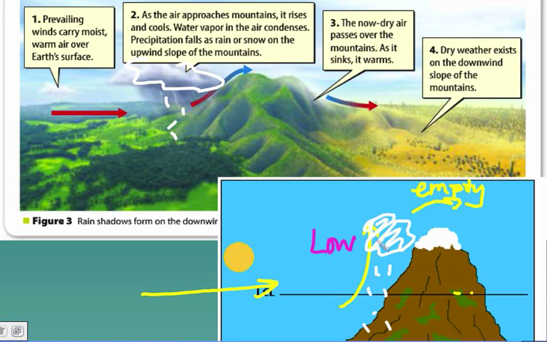There is no more moisture remaining in this air, and as it comes down the other side of the mountain, what type of pressure system do I have now? Sinking air, high pressure. What kind of environment do I get with high pressure? High and dry. Check out my climate up here. I have dry air, dry landscape, lacking vegetation because all the water was dumped out on this side.